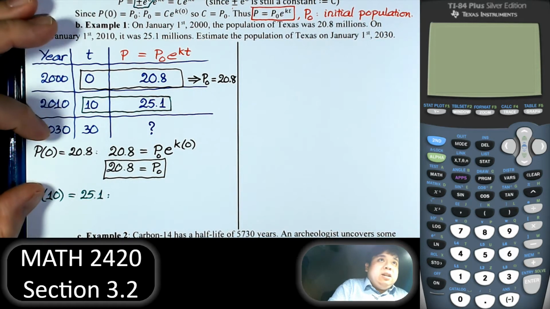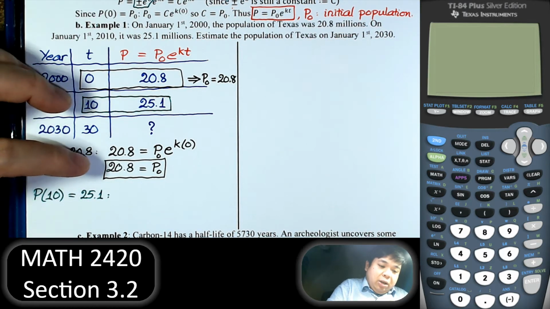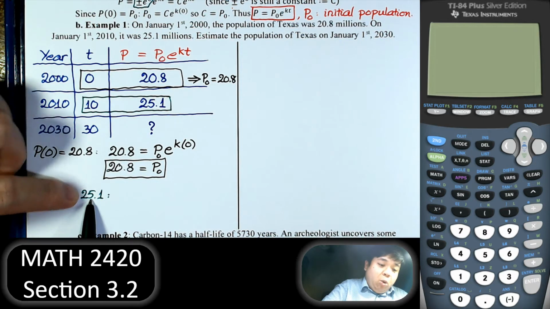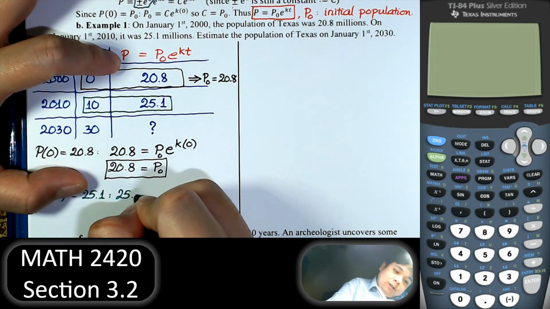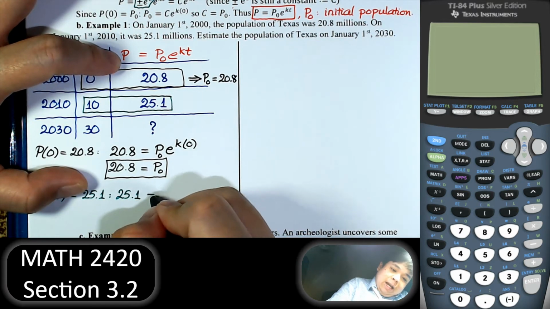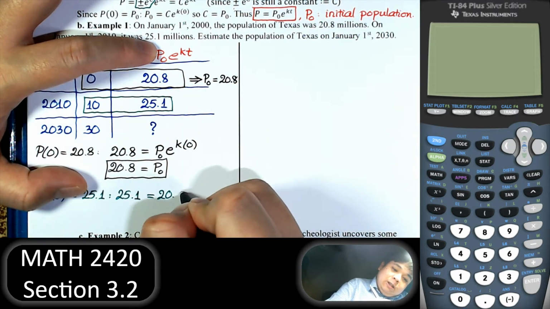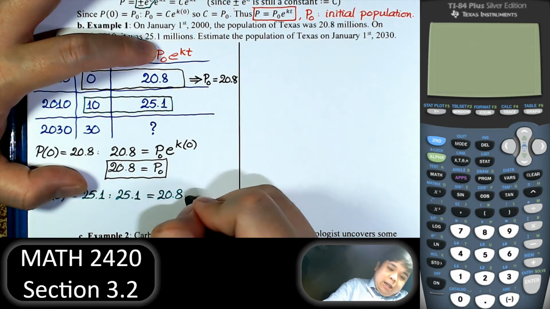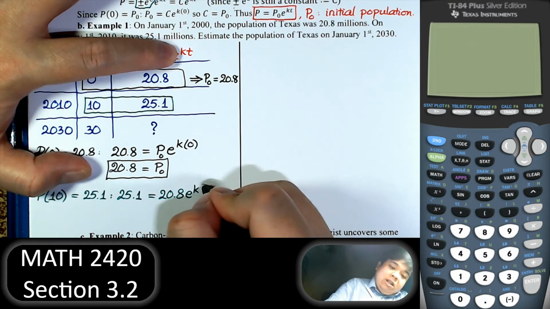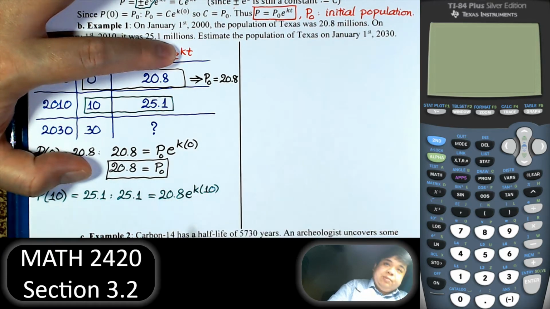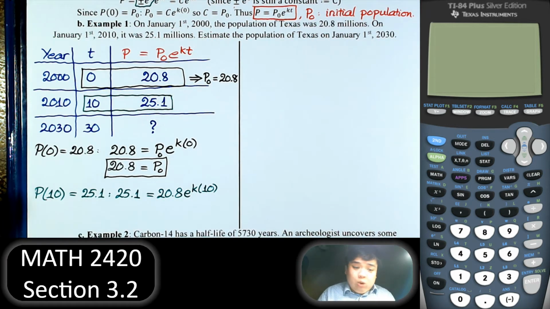P of 10 is 25.1, meaning that I'm putting 25.1 into P. And the initial population now we know is 20.8. E to the k t, where t will be 10 years later, right? Now, one equation, one variable, we should be able to solve for k.